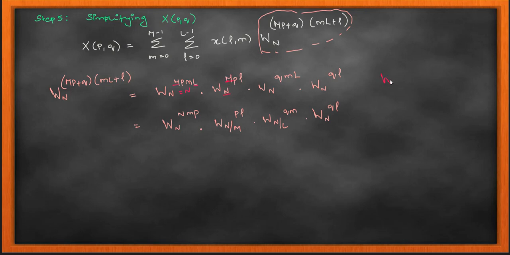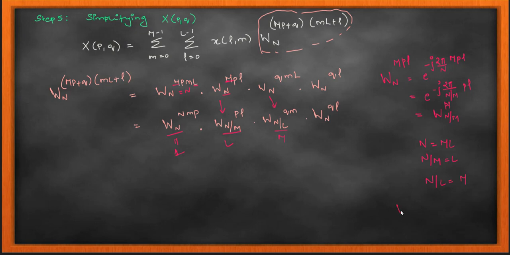And let me just show it on this side if it is not very obvious for you. So this is my e to the power of minus 2 pi by n mpl, and I can just rearrange it slightly. I can write it as n by m into pl, and this becomes my wn by m pl. That is what my second term is, and the same way I can write my third term. And now I know my n by m is equal to L, and my n by L is equal to m from the factorization.